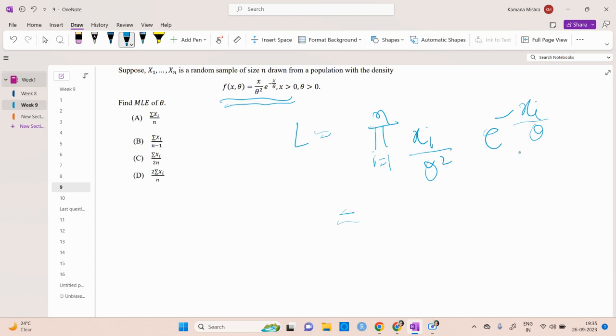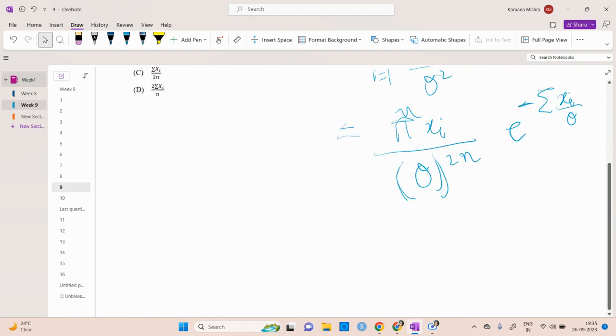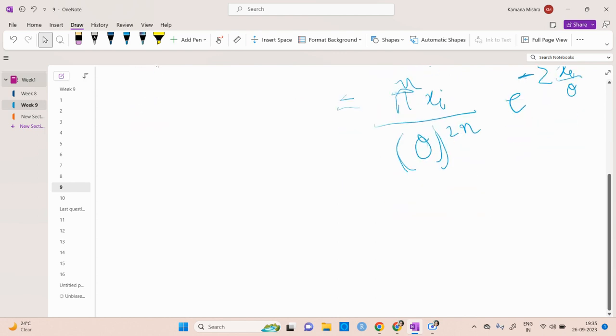So θ square multiplied n times will be θ to the power 2n, and it will be summation in the power, right?